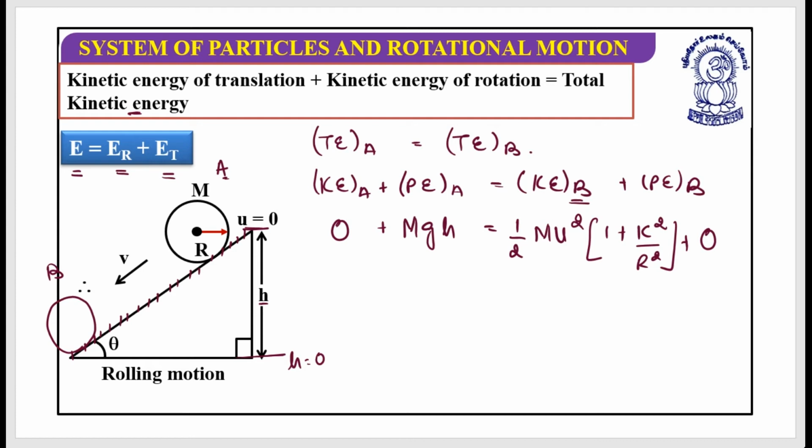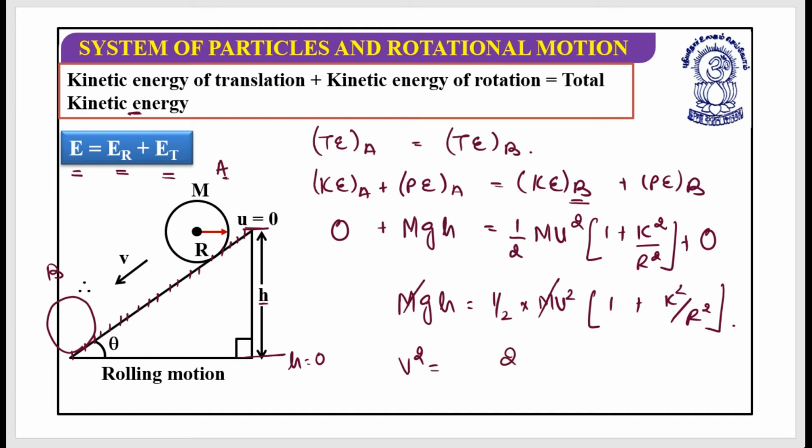I hope this is clear. So mgh equals half mv square into bracket 1 plus k square by r square. So v square equals 2gh upon 1 plus k square divided by r square.